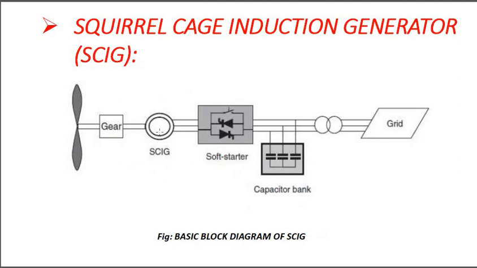In this type of generator, a squirrel cage type rotor is used. That's why it is called squirrel cage induction generator. The squirrel cage type rotor consists of copper bars connected in parallel through end rings.